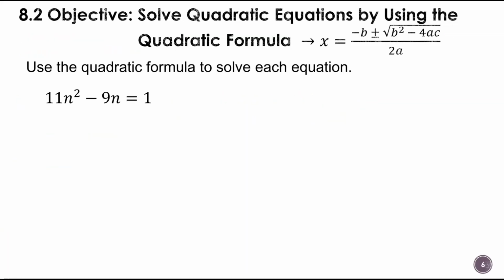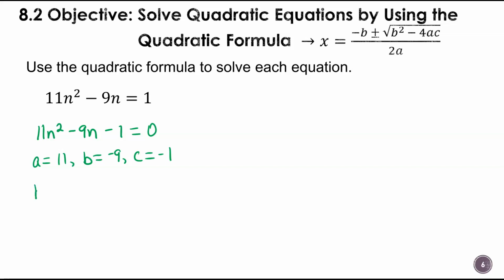Okay, next. Once again, we have to get this equation set equal to 0. And then identify your a, b, and c. Right? Being careful with your signs.